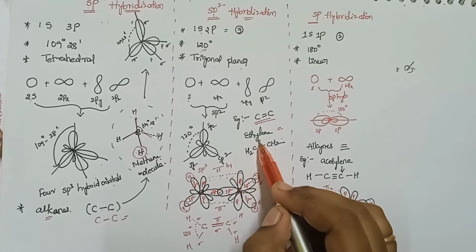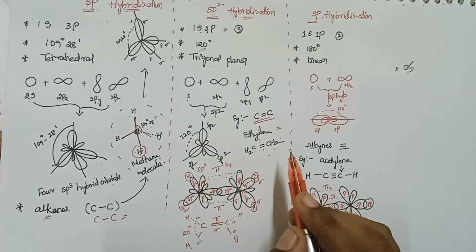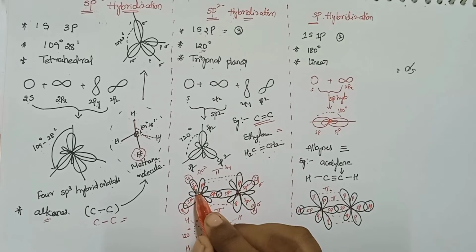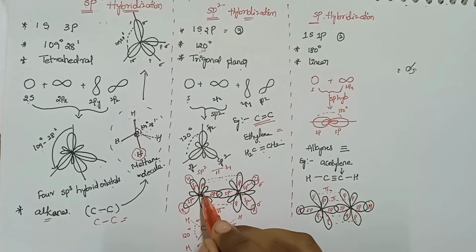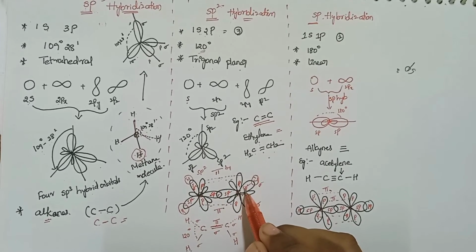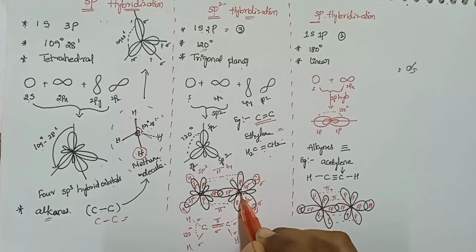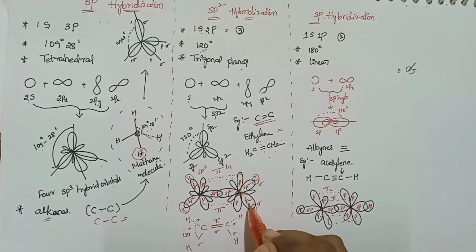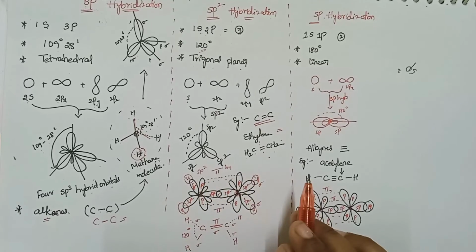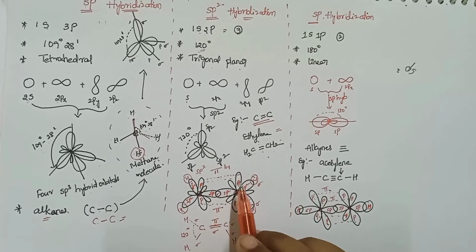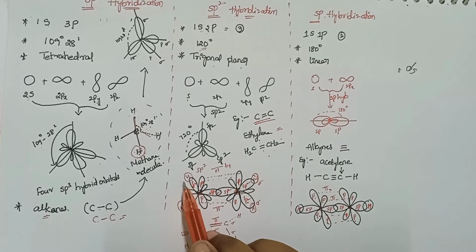In the formation of ethylene, one of the sp2 hybrid orbitals of a carbon atom overlaps axially with one of the sp2 orbitals of another carbon atom. The other two sp2 hybrid orbitals of each carbon atom overlap separately along the axis with the 1s orbital of a hydrogen atom.